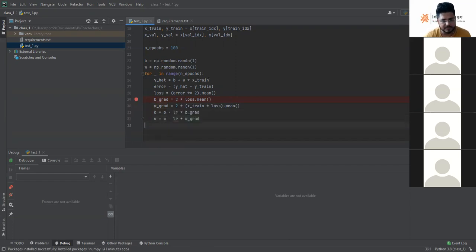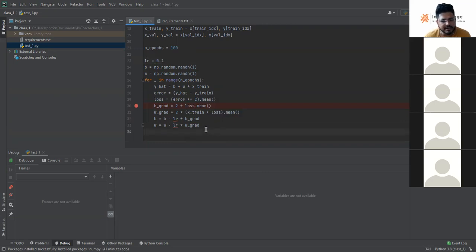Yes. New B is equal to old B minus learning rate into gradient of B. New W is old W minus learning rate into gradient of W. And here you can keep learning rate equal to say 0.1.